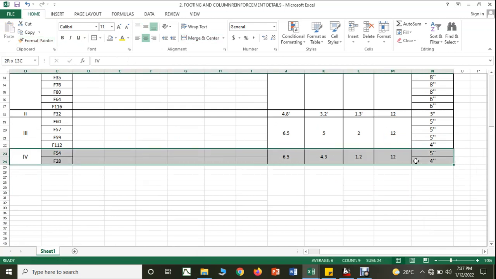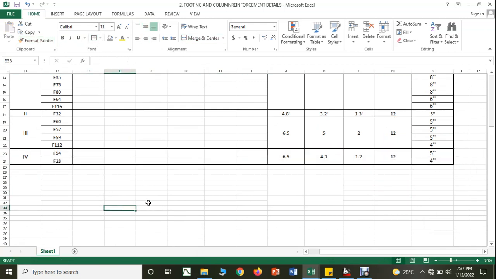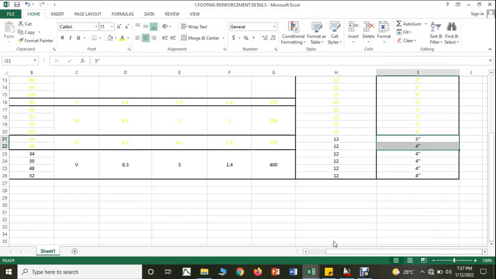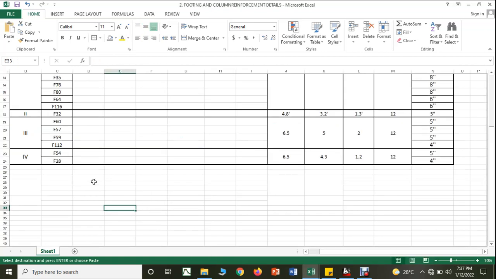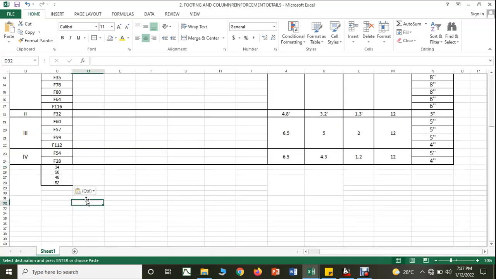So there is one more set. After that we have the last, final set of grouping of the footing. That is 34, 50, 48 and 52. Okay, yes. So this is the last set. This is group 5.